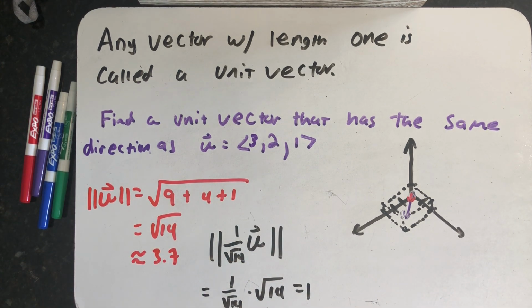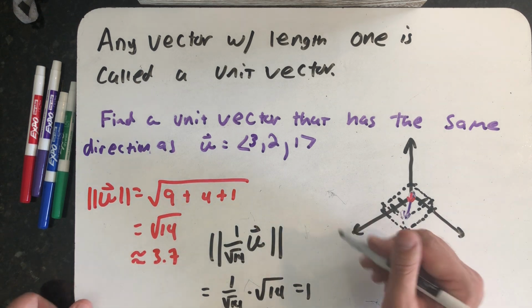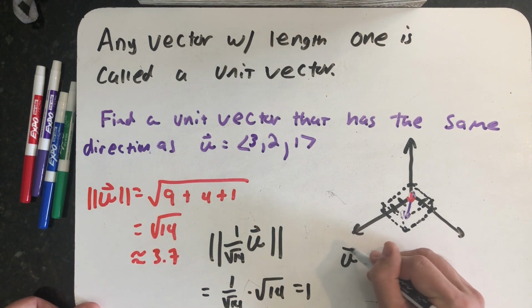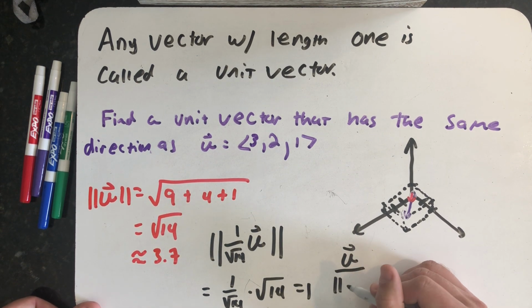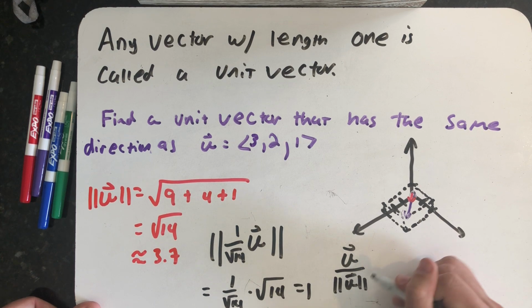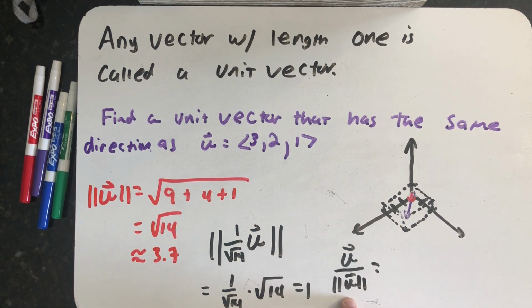So in effect, to form this unit vector, I'm going to divide the vector by its own magnitude. One way of writing this unit vector down is u divided by its own magnitude. Anytime we write this collection of symbols, it lets our reader know that it's a unit vector. If I do that with any vector, it turns it into a vector with length 1.